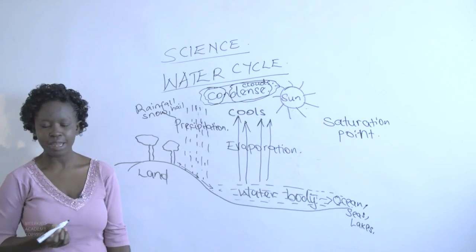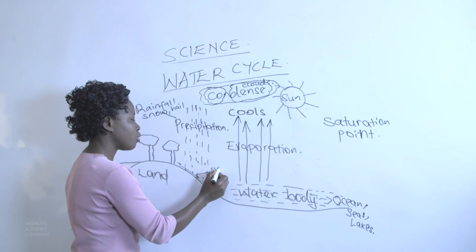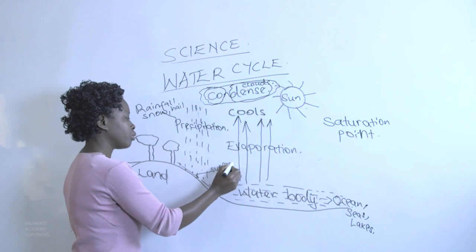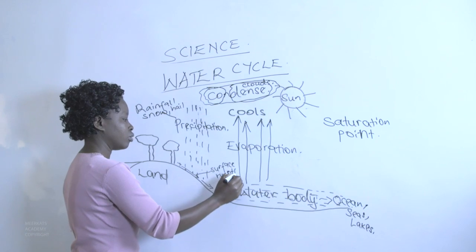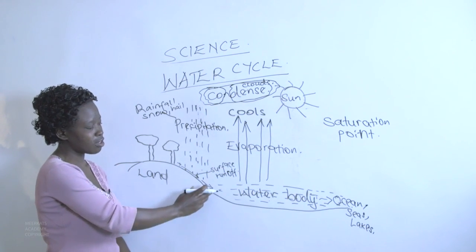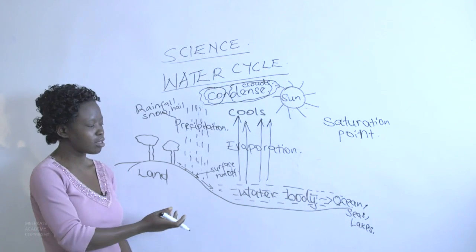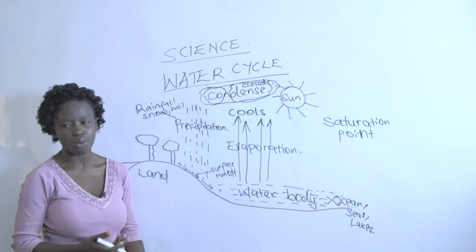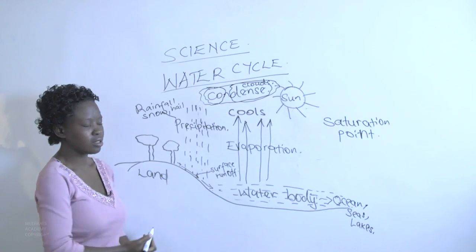The water that is running on the surface is known as the surface runoff. So we are having water running on the surface. It can run on the surface and flow back into the water bodies. It can flow back to the rivers, lakes, and eventually the water will reach the ocean, seas, and many other water bodies that we have.